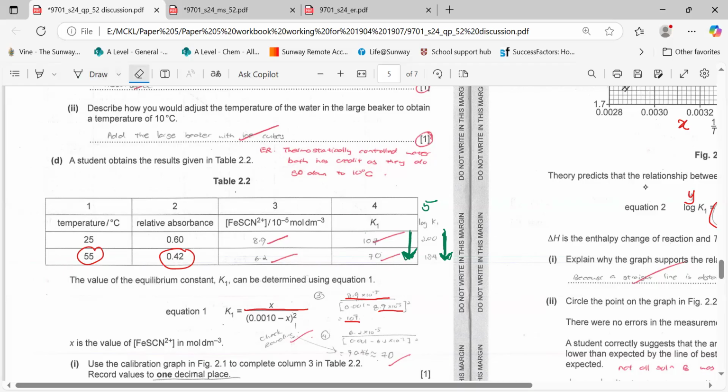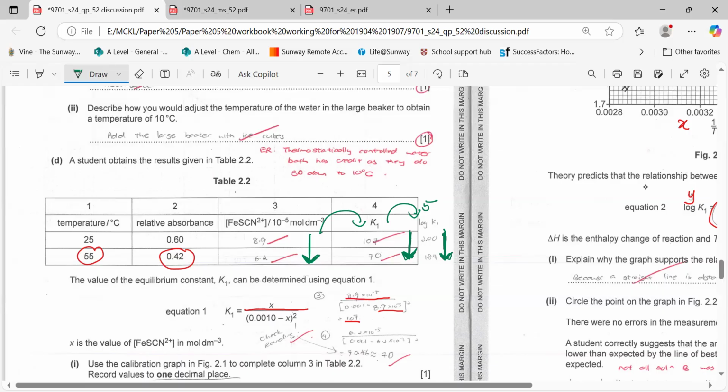Correct? The question now is, why did your K1 appear smaller? Your K1 appeared smaller because your iron thiocyanate also appeared smaller. Correct? From here, give here. Correct or not? So the question now is you got to explain, why did your iron thiocyanate appear smaller in terms of concentration? How come?